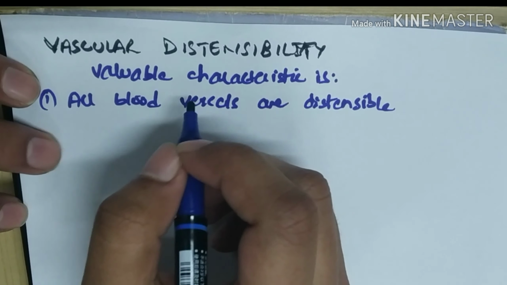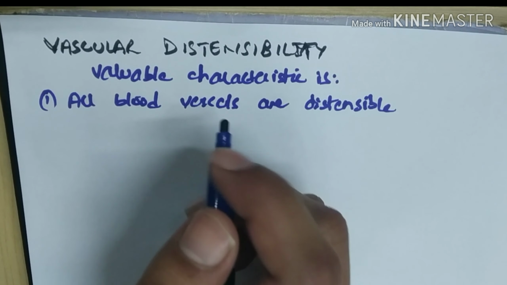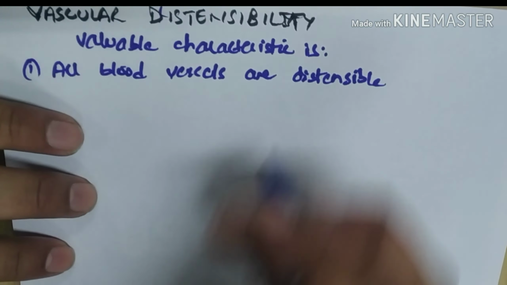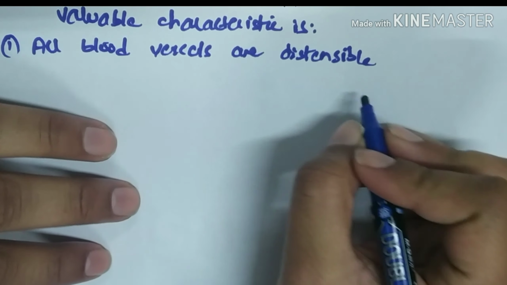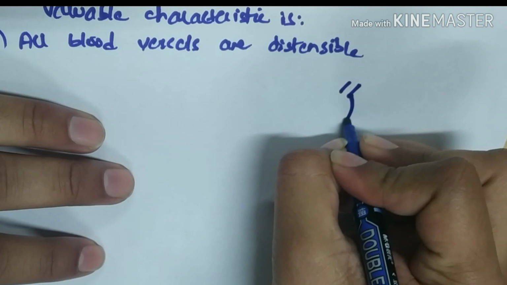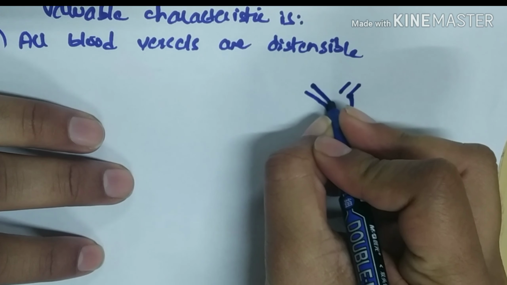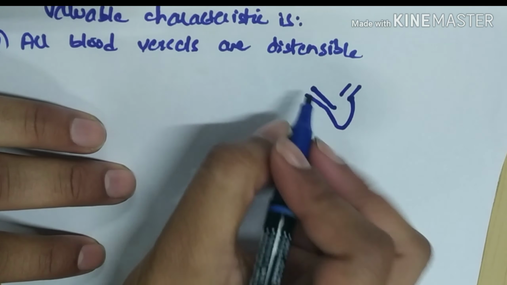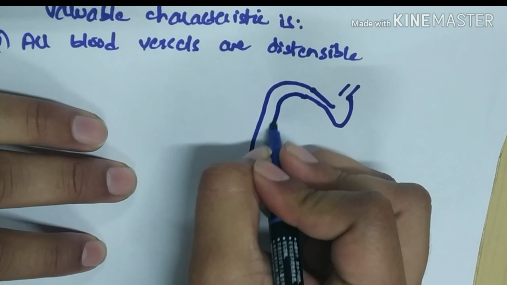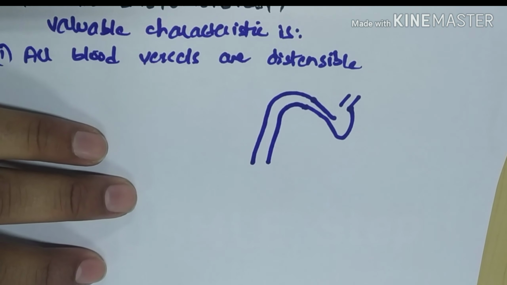When we talk about vascular distensibility, the first thing is that we should know what distensibility is. As an example, I'm drawing a heart, and this is the aorta.